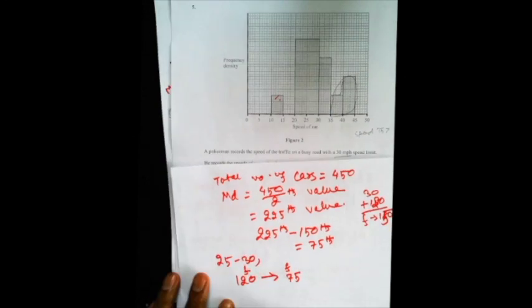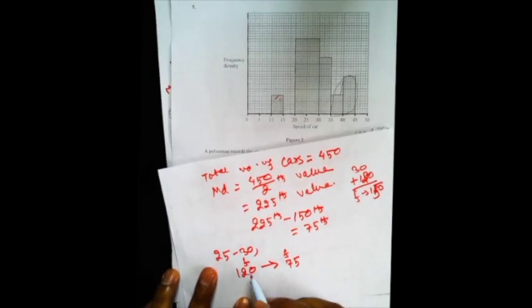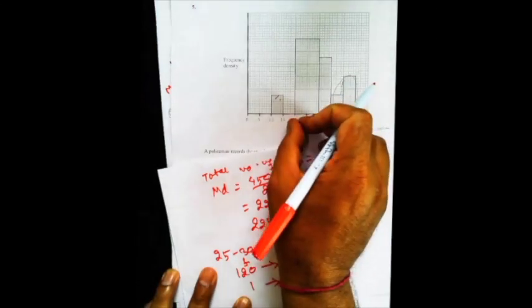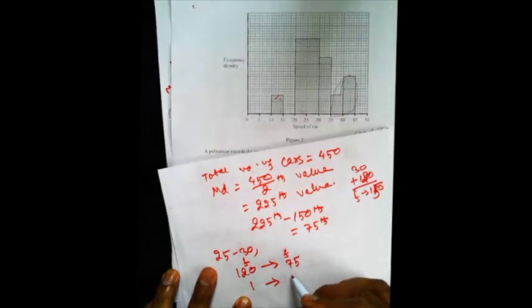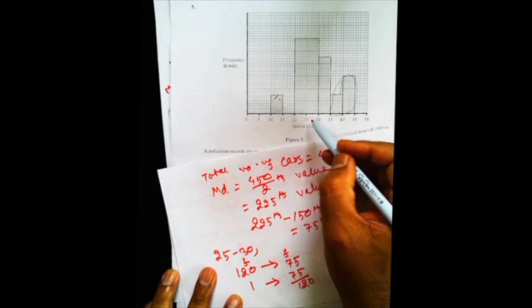Then by using the unitary method, it is going to be 75 divided by 120, and the class interval, let's represent that by C, for example. It is 75 divided by 120 times C.